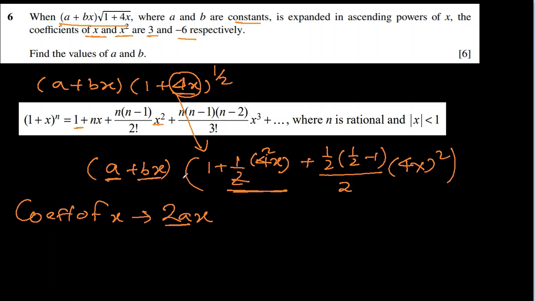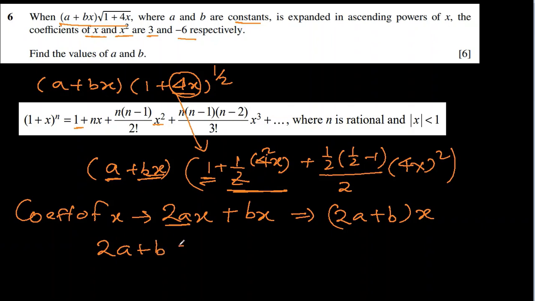Second, bx will give the x when it multiplies with the constant on the other side. There's no other way it can give you x. So bx multiplied by 1 gives you bx. So let's separate x from it. 2a plus b is the coefficient of x, and they said that the coefficient of x in the expansion is 3. This becomes our first equation. Let's move on.